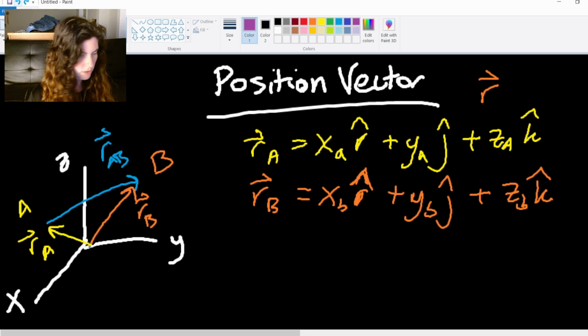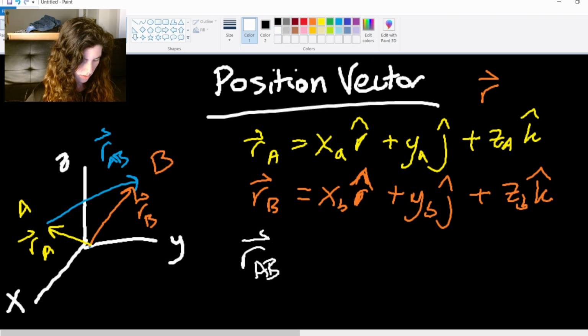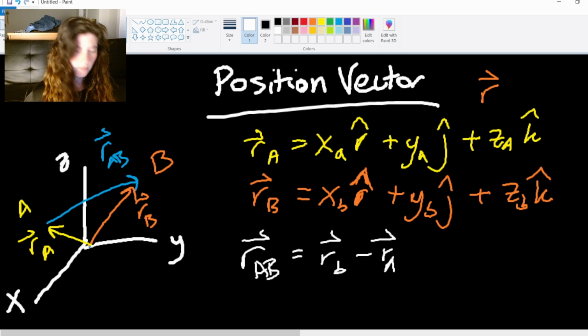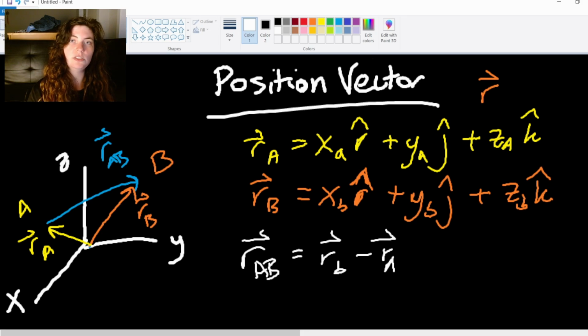So to do that, we'll do a vector subtraction, which is going to look like RAB is RB minus RA, which is as simple as that. All we're going to do is subtract the components from each other, right?